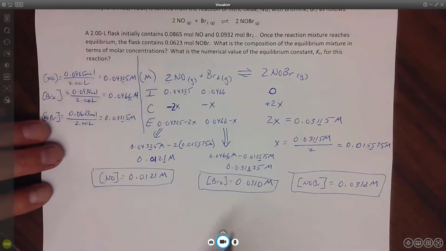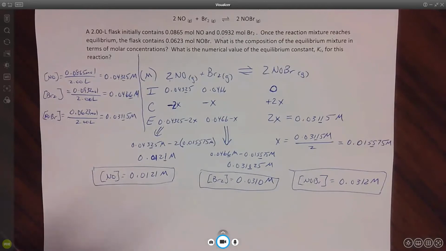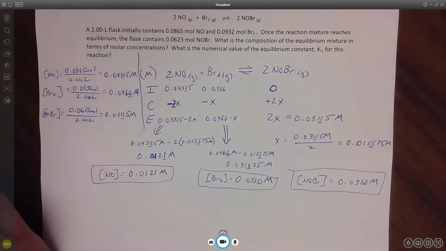Okay. The second part says, what's the value of Kc? So, Leah, how am I going to calculate Kc for this reaction? Kc is the constant of the concentration. You can use the equation for the relationship between Kp and Kc.